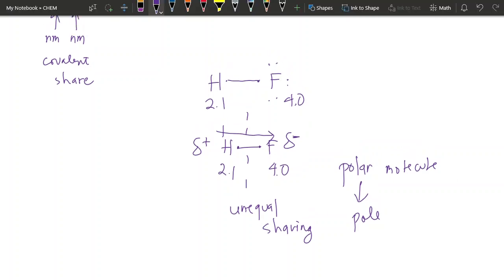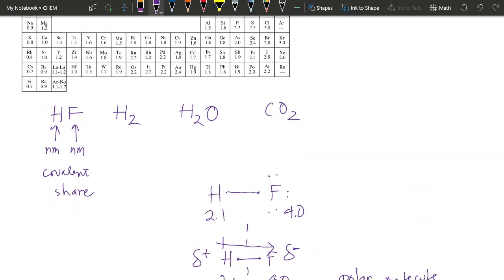Let's go to the H2 molecule. H2 molecule is composed of H atoms. Here they are sharing these electrons, and their electronegativity is the same, 2.1 and 2.1. In this case, they have the same strength, so obviously there is an equal sharing of electrons because both have the same strength.